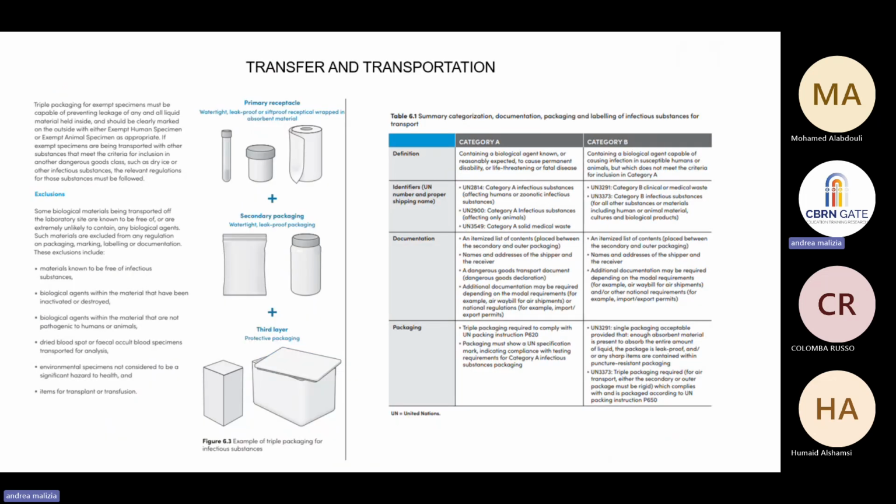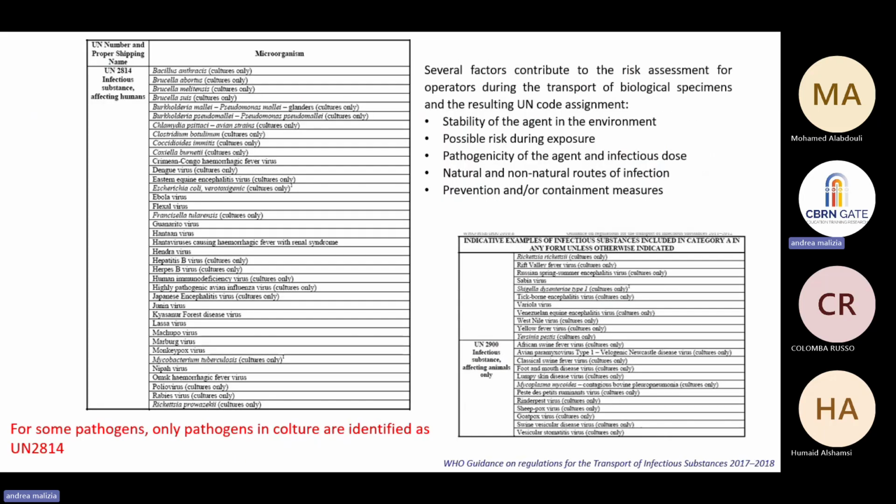It is the same situation. This describes the protocol to create packaging and transportation for different categories, category A, category B. And it's a table that describes some pathogens, only pathogens present in culture, and therefore in culture I use pathogen group 3 only present in culture.